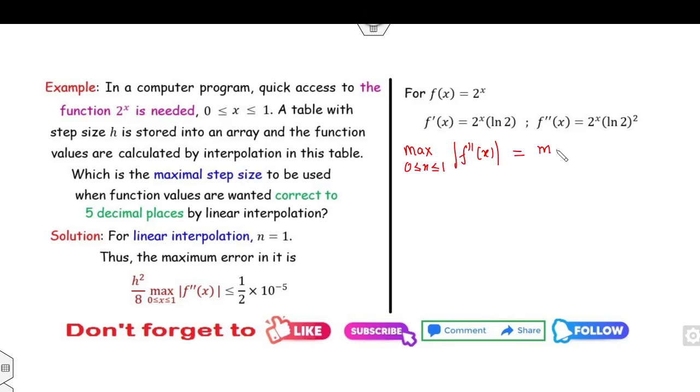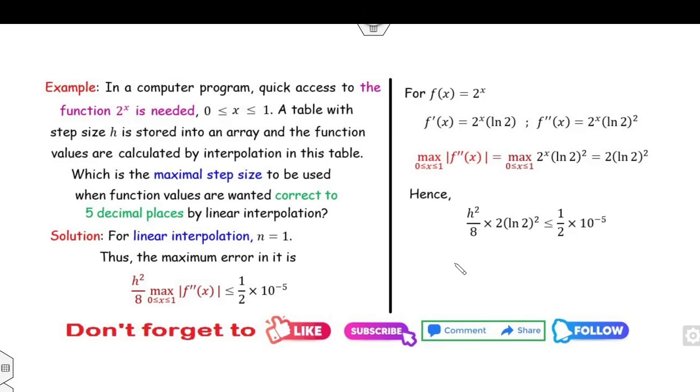You can see easily that ln of 2 is a constant part, and 2 raised to power x is an increasing function. Since it is an increasing function, the maximum occurs at the upper bound. So the answer is 2 raised to power 1 into ln of 2 squared. So I can substitute this value here and you can calculate the value of h.